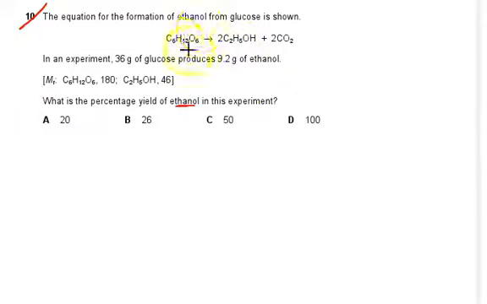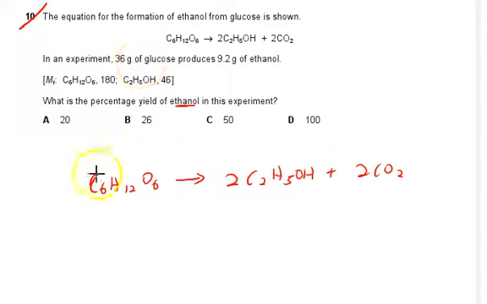First we calculate the mole. We take 36 gram divided by the RMM of glucose, which is 180, and it gives you 0.2 mole.